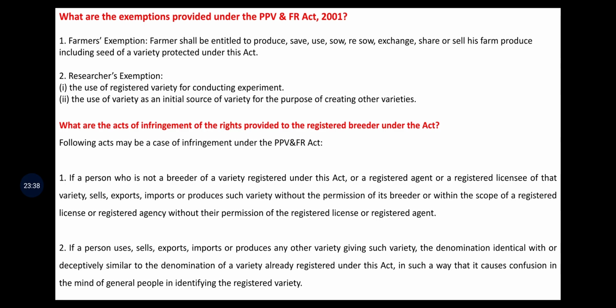Or if a person uses, sells, exports, imports, or produces any other variety giving such variety a denomination identical with or deceptively similar to the denomination of a variety already registered under this Act in such a way that it causes confusion in the minds of general people in identifying the registered variety.